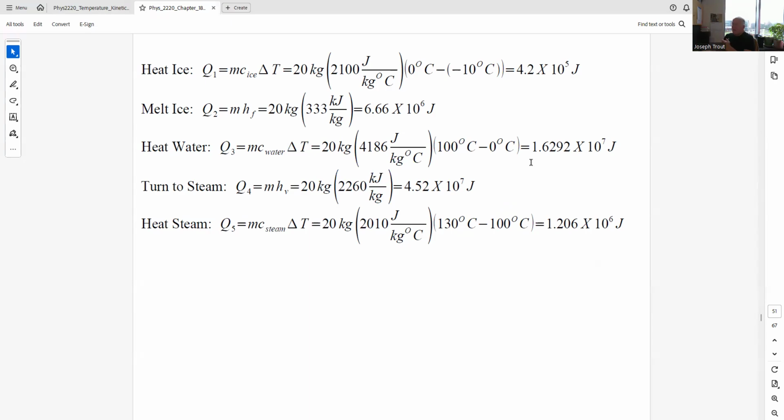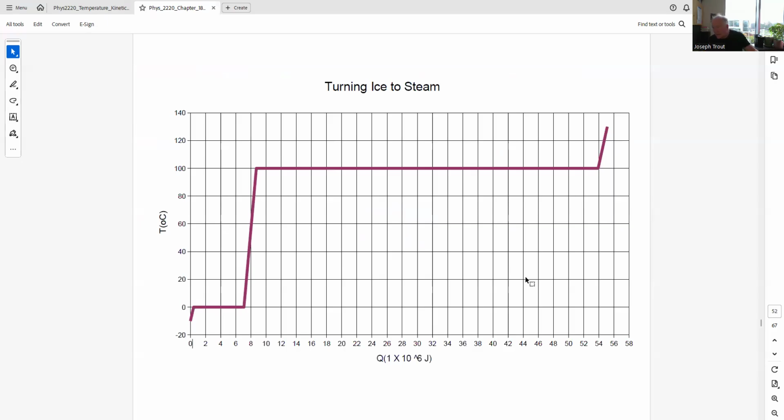Then we turn the water into steam. It's the mass of steam times the latent heat of vaporization. And then we can heat the steam. That's the mass of the steam, the specific heat of steam, times the change in temperature. So we get 2010 joules per kilogram degree C, and our change in temperature is 30 degrees. The graph would look something like this.